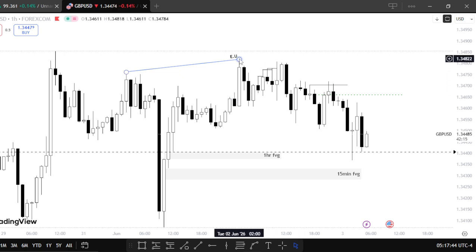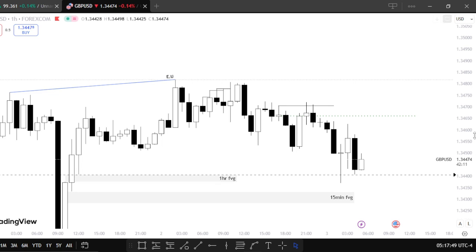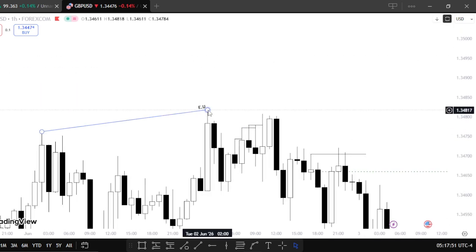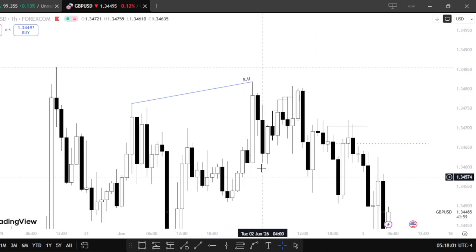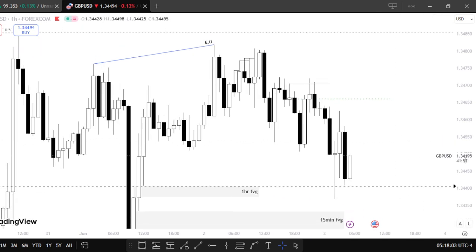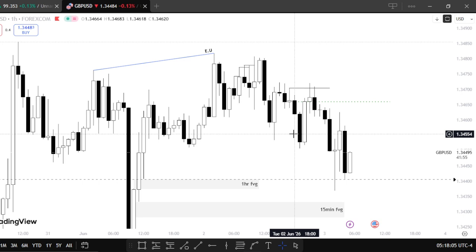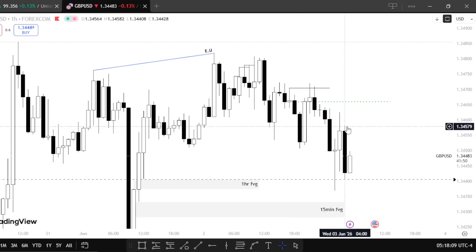As you see, my stop was here. Look at that. That's why I tell you, people, do not move your stop loss. Just take a trade. If you got stopped, you got stopped. And currently my stop loss is here.